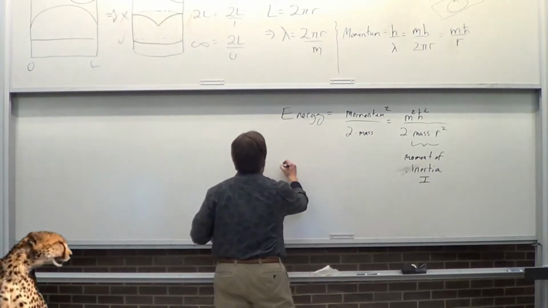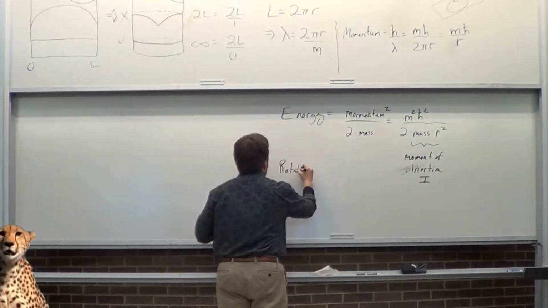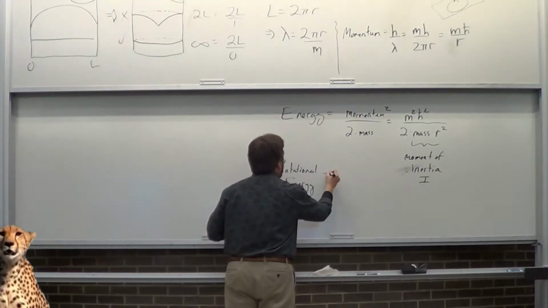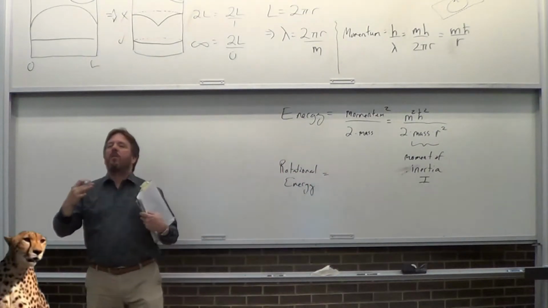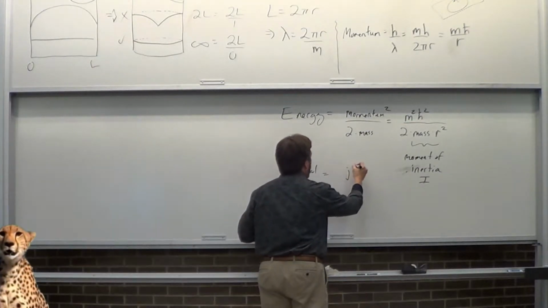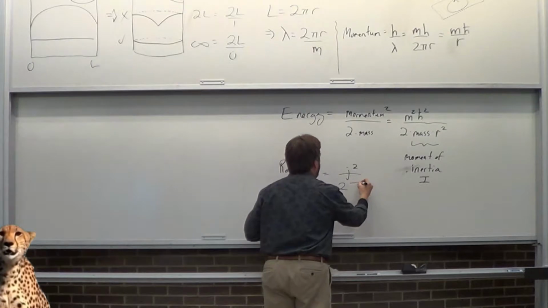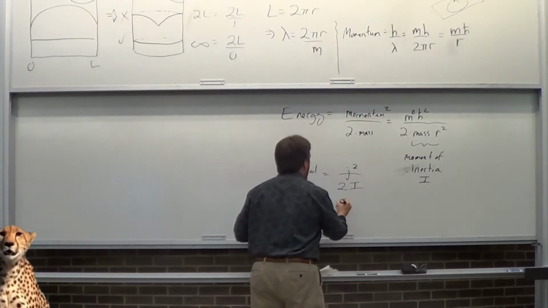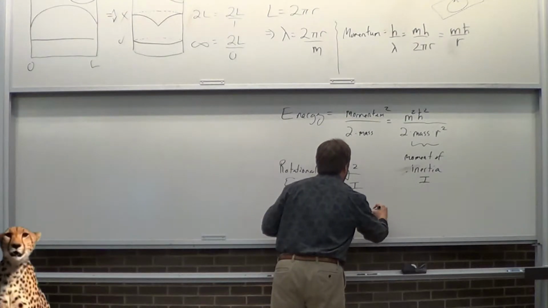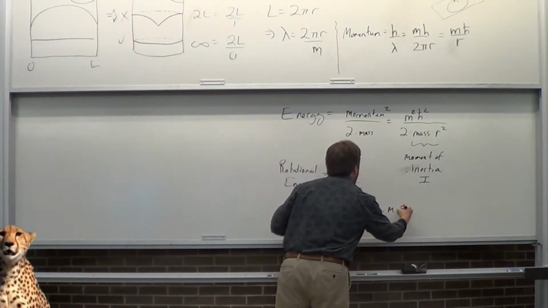Now, when it comes to rotation, rotational energy, you may have also remembered it as angular momentum squared over 2I. And so that was J squared over 2I, where J is angular momentum.